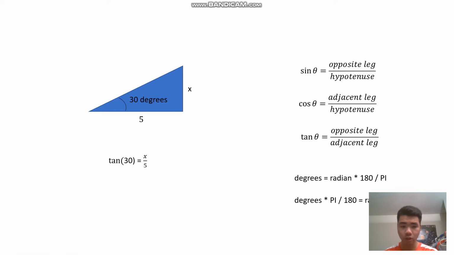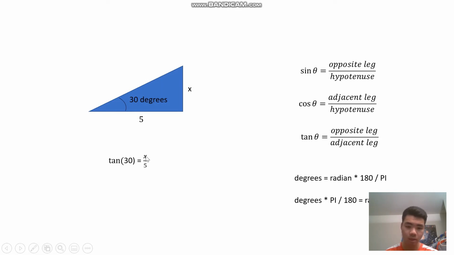You have to make sure that when you code it out, you convert your angles to radians, because when you code, these functions take in radians. So I would have to take 30 degrees and shove it into this equation right here. So I'd do 30 degrees times pi divided by 180, and that would be my angle in radians, and this is what I would shove into my tangent function.